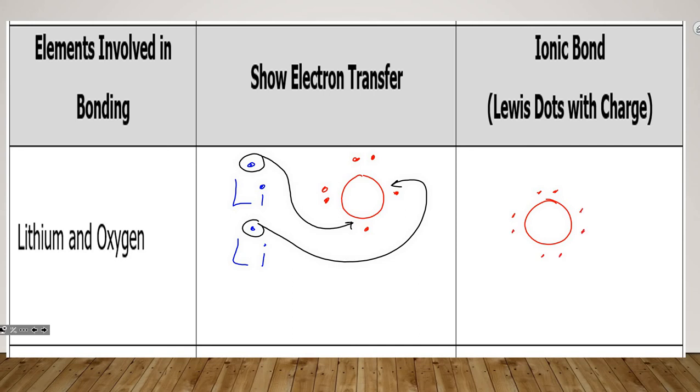And because it has all 8, what's its charge? 2 negative, good. And one lithium went here and one here, so I'm going to bring it in like this, a lithium with a plus here and a lithium with a plus here. They're not really sharing them because they've been ripped off, but that sort of gives me what the shape might be.